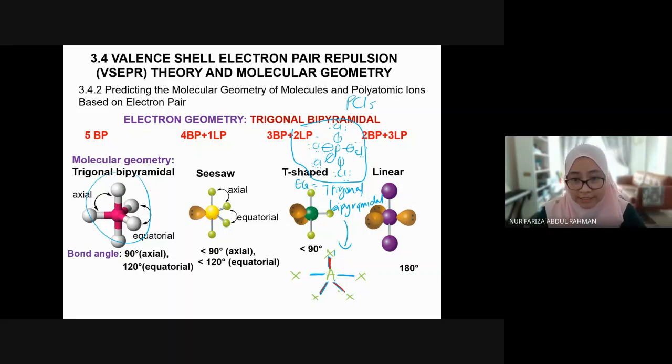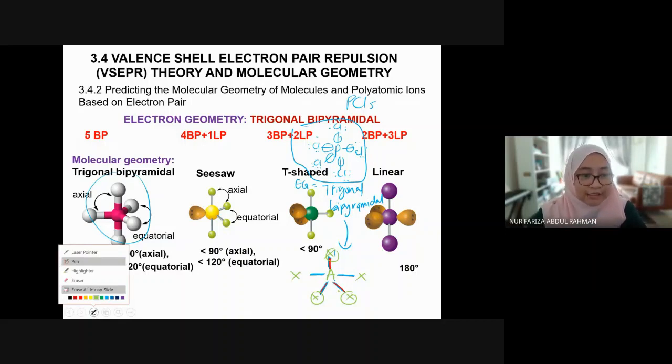Kita ada 3 ni. 1, 2, 3. So we can choose any of these 3 in order to place our lone pair. For example, saya nak pilih yang dekat atas tu. Saya akan delete this one and replace it with a lone pair. What color should I use? Let's use black color. So this is the lone pair, guys.